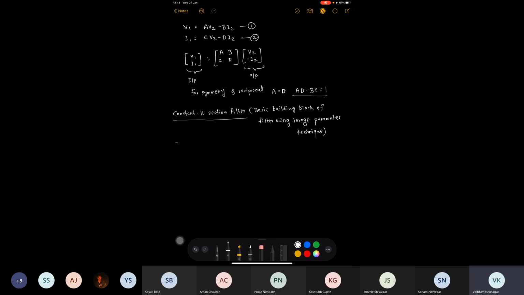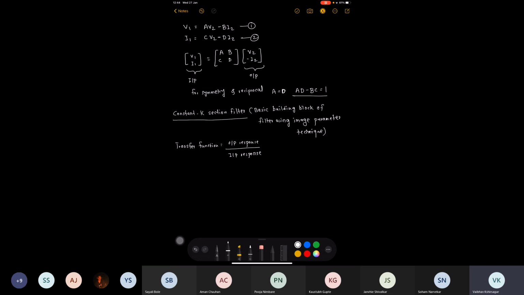So transfer function, how in general can we write the transfer function? Transfer function is simply given as the ratio of output response to the input response.